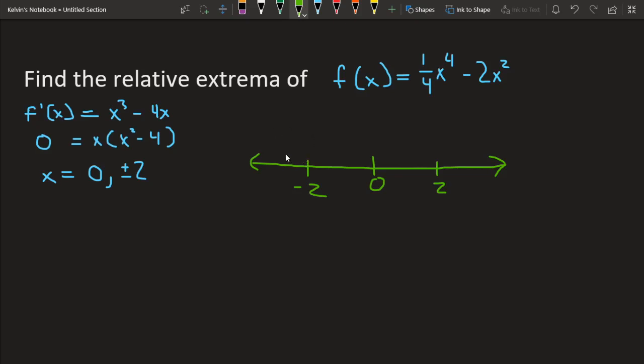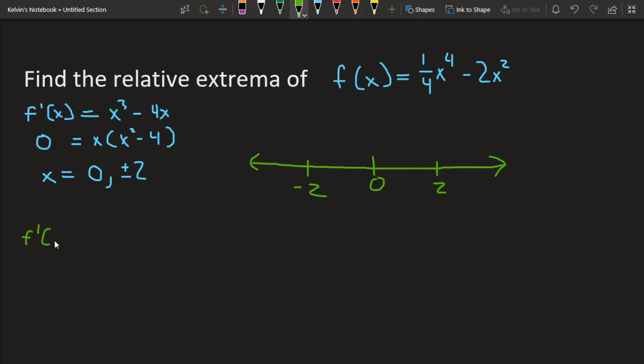So what we have to do now is find the sign change. And in order to find the sign change, we have to test something between negative infinity and negative 2. So let's do that. A number between negative infinity and negative 2 is negative 3.